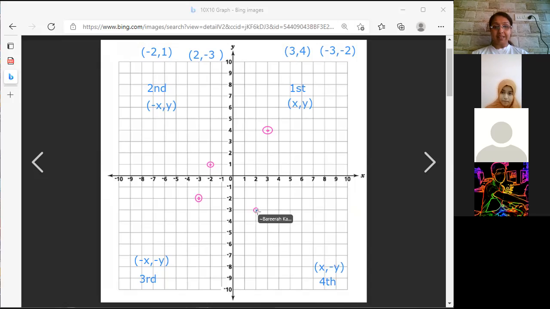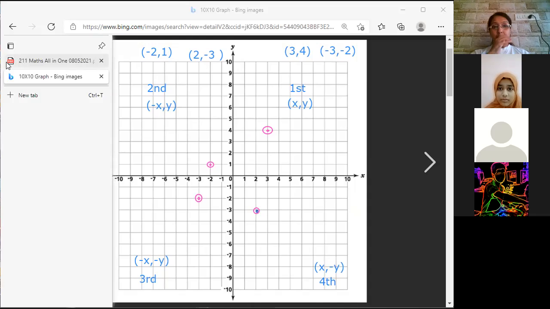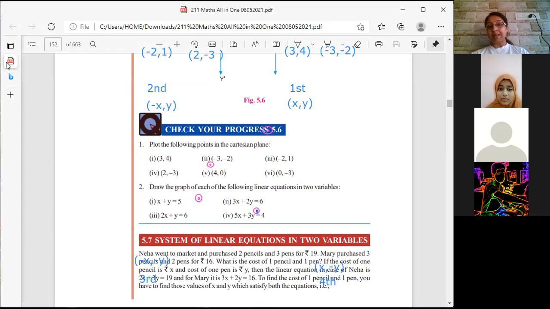I'm just highlighting it. Barira was also doing it. Great. We both started doing the same thing. Okay, good. Can we move to the next one? And Safia, will you annotate next? Yes, teacher. Okay, so I will tell you the next point. Our next point is 4, 0.